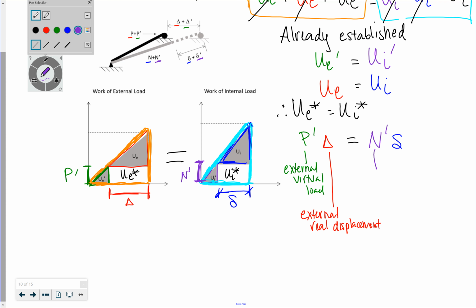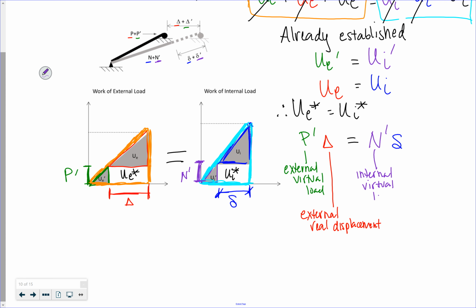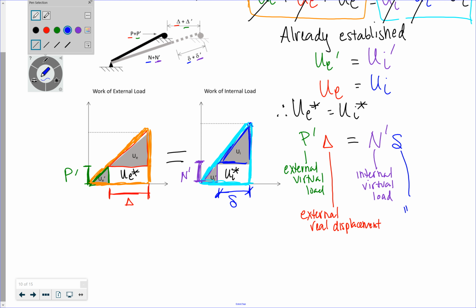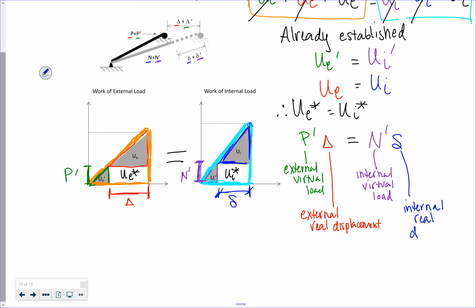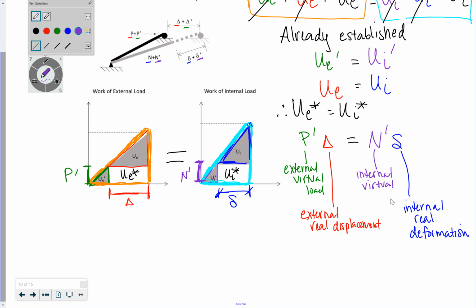This is the internal virtual load or virtual force. And this is my internal real deformation, I guess. Maybe we call that internal virtual force.